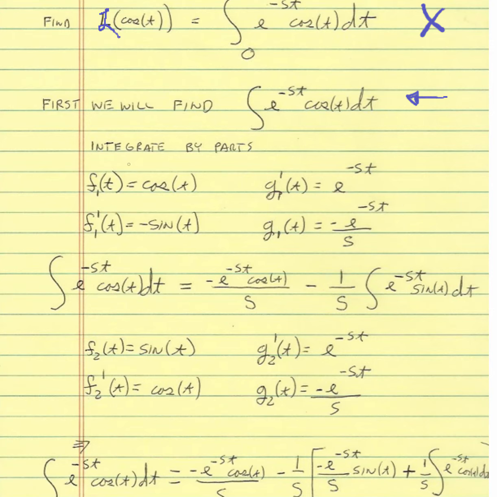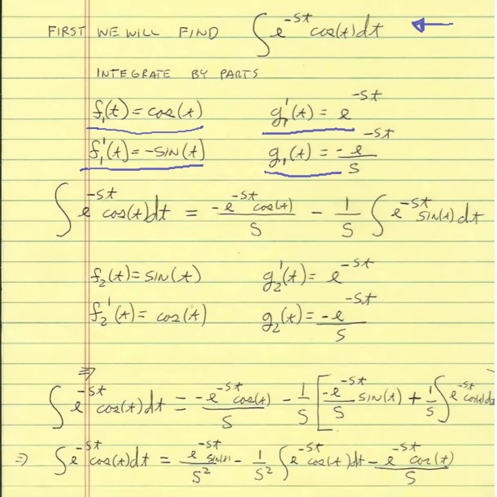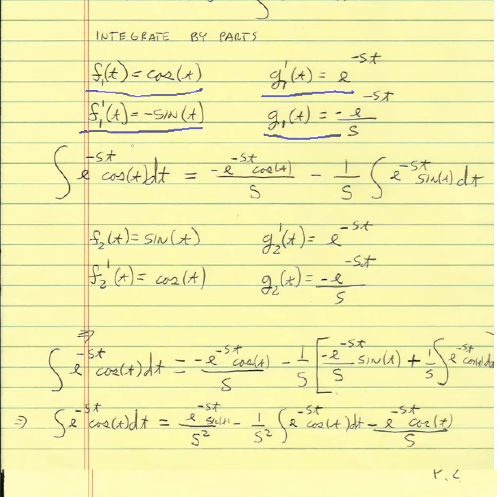I've chosen the cosine of t to be my function f, and g prime of t to be the e to the minus s t. Then, of course, we have to find the derivative of the cosine here, and we have to anti-differentiate g to pick an antiderivative here.